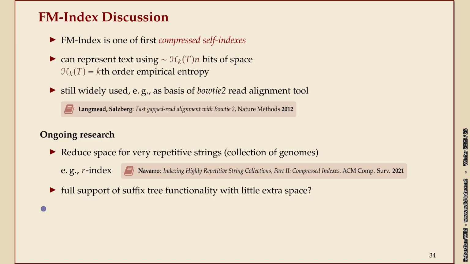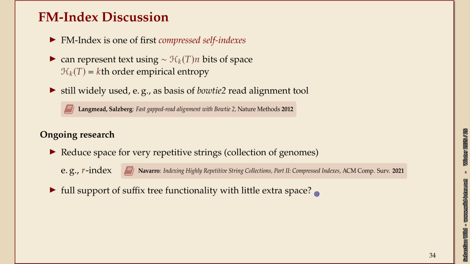And this is an area that's still somewhat active. Because the data keeps growing and evolving, even that trick is not good enough anymore. For these 100,000 genome collections, you need to do even more aggressive compression. And there's follow-up things on that, but we'll leave it with that.